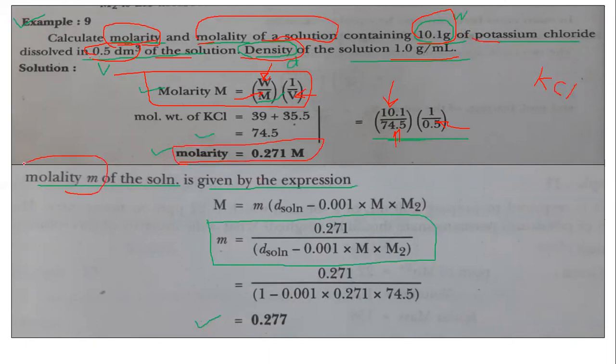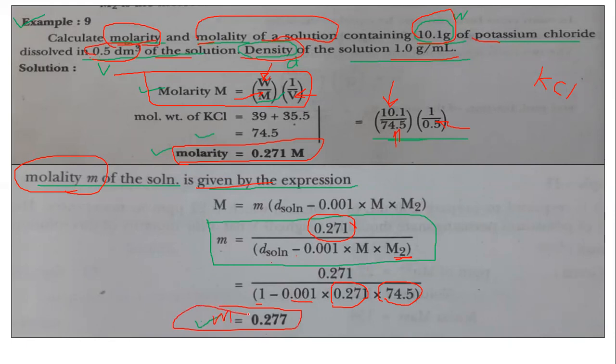Now for molality of the solution, we have the equation: molarity upon density of solution minus 0.01 into moles of solute into molar mass of solute. So here molarity of solute is this one, and this is the molar mass. So you get the answer. This is the molality.